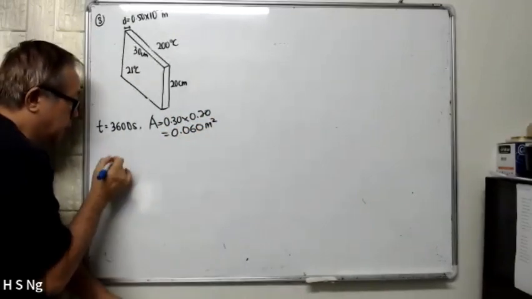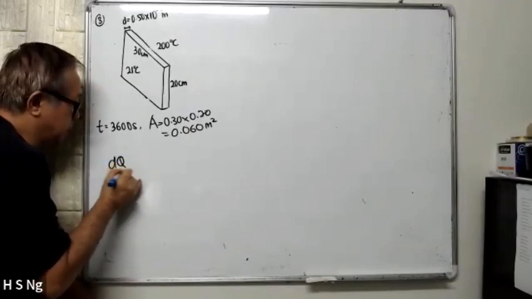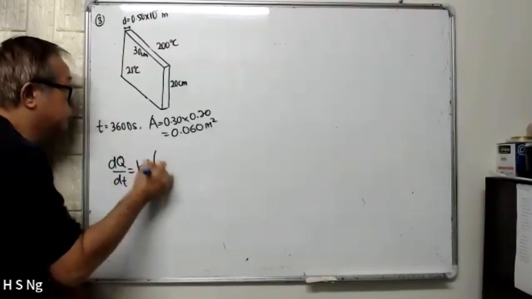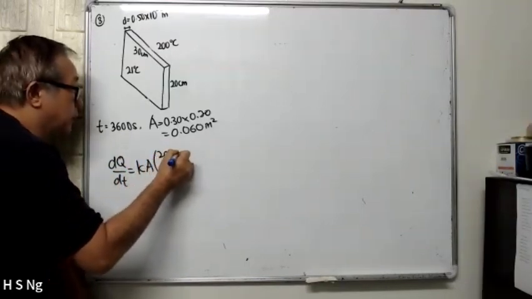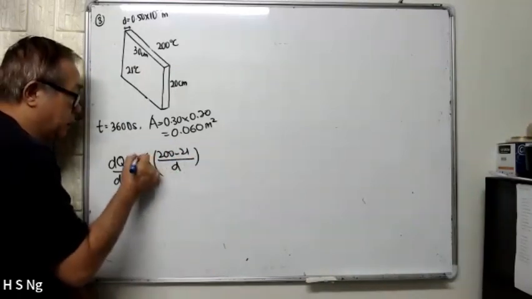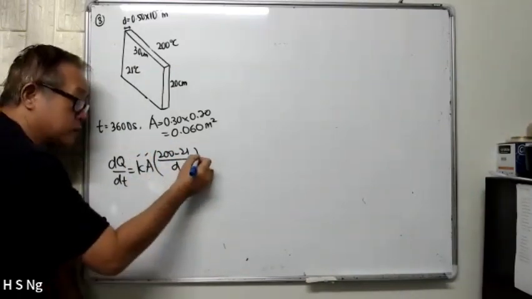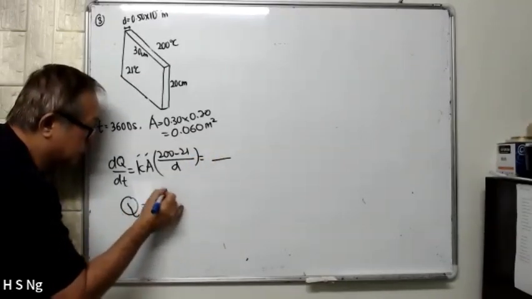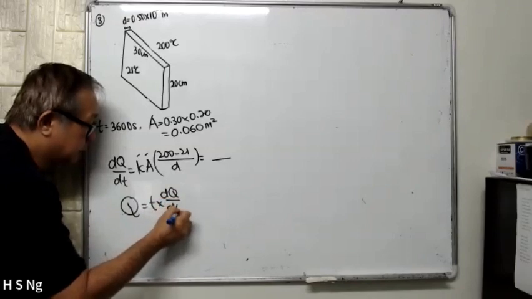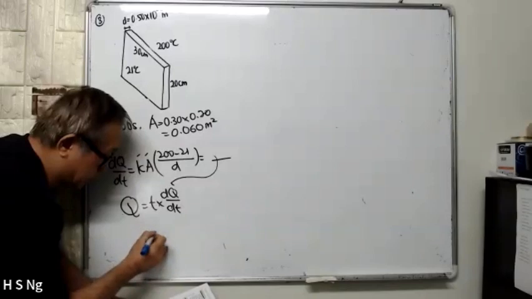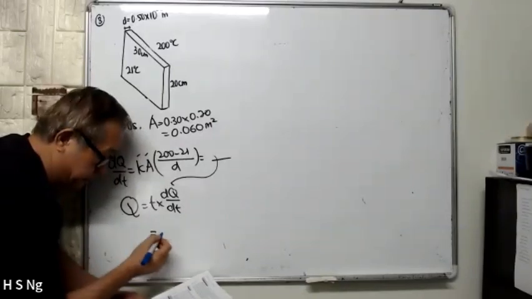So dQ per dt will be KA times (200 minus 21) over d. Now notice this is per second, so the heat required will be like that. Take this and multiply by 3,600.